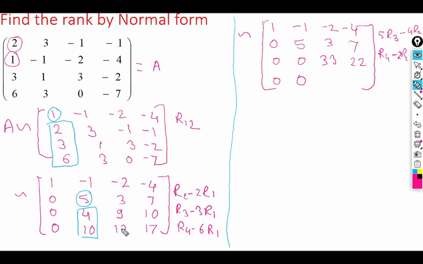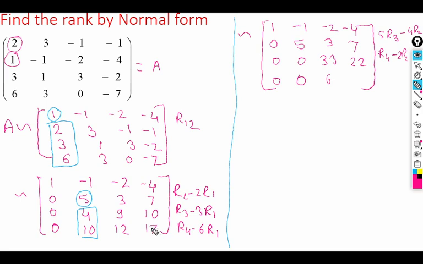Similarly, come to the last transform. R4 minus 2R2. So 12 minus 6, that is a 6. Is that correct?